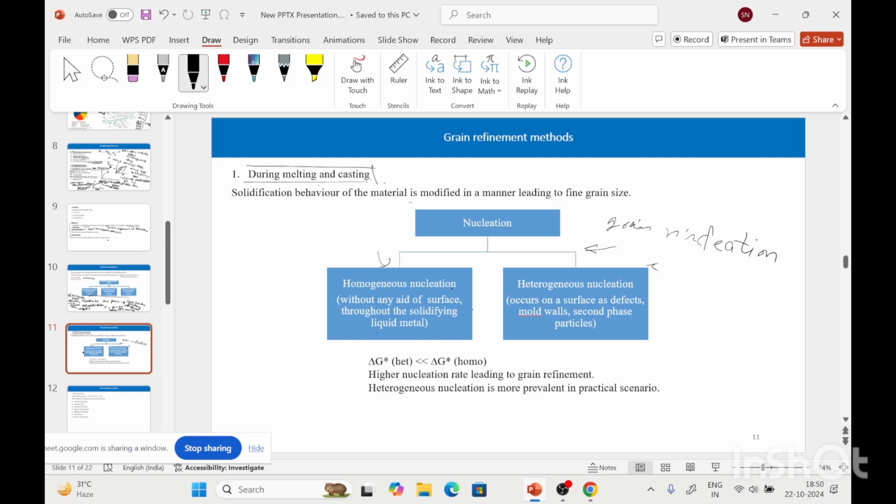The nucleation process generally requires two types of energies. First, as the nucleus forms, it requires the volume free energy, delta GV, and the surface created by this nucleus leads to surface energy.